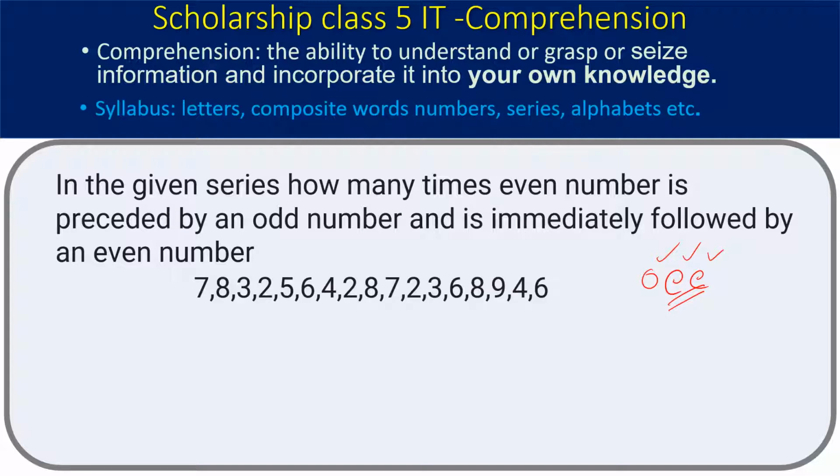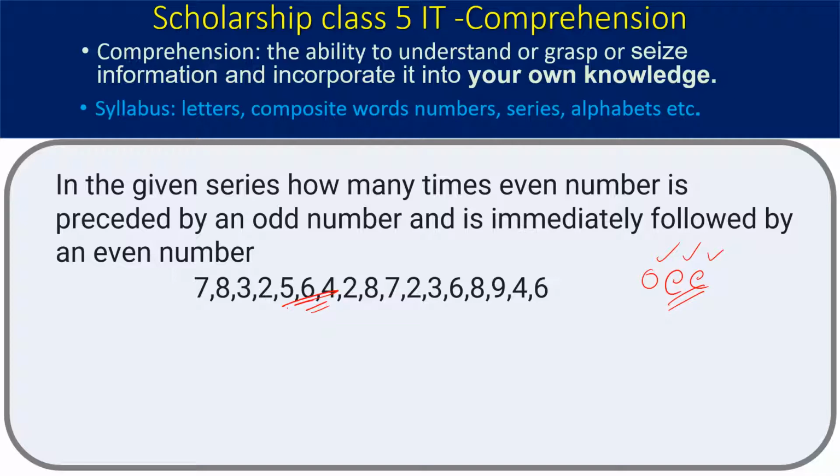This is the series. Now, our common sense should go to finding the even numbers. This is an even number, but there is no even number next to it. So very quickly, you will find that there is a set of even numbers here which are together. What number is there before that? Yes, this is one set. Here is an even number, but no odd number before that.